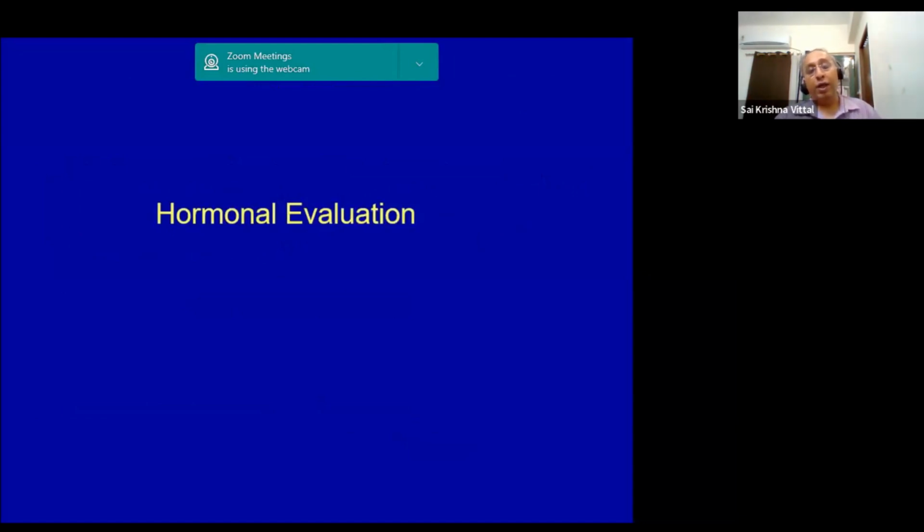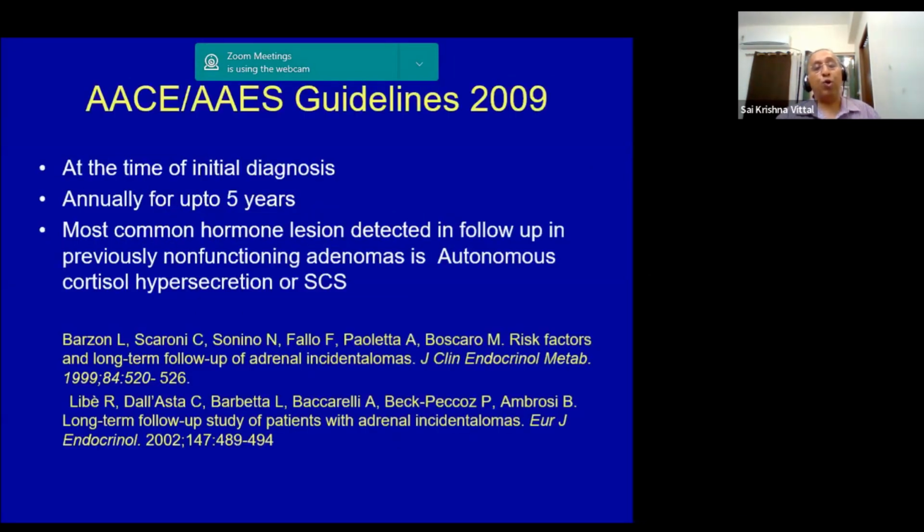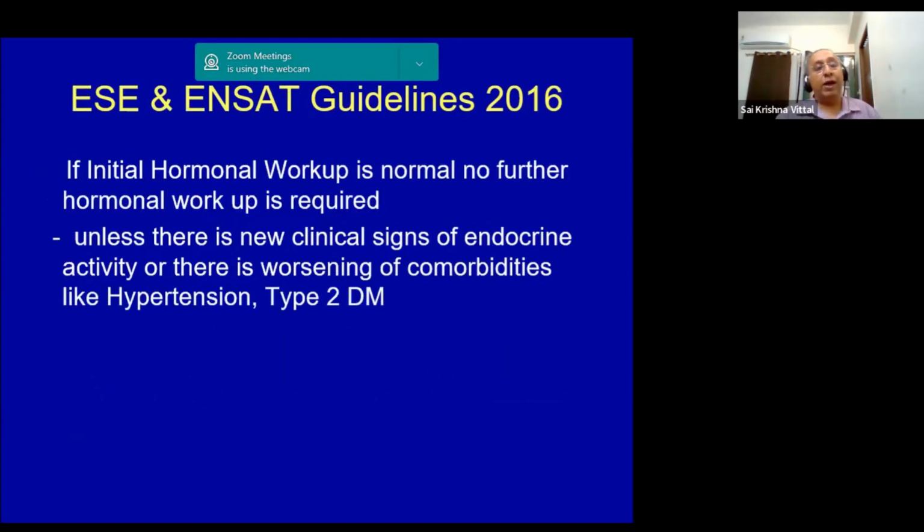With regard to the hormonal evaluation, what will you do? The AACE and the AAES guidelines say you'll first do it at the time of initial diagnosis and then annually up to 5 years. After 5 years, if everything is normal, you can stop. But what do the ESE and the ENSAT guidelines say?